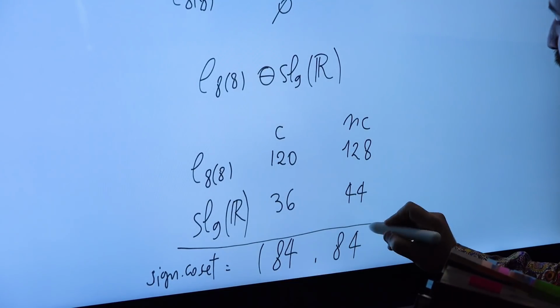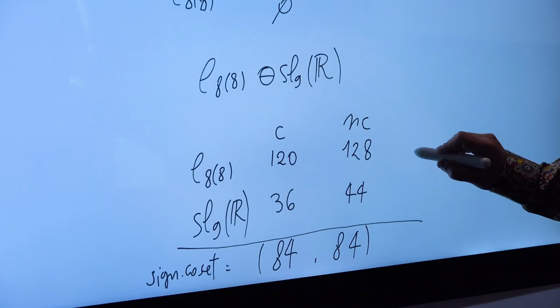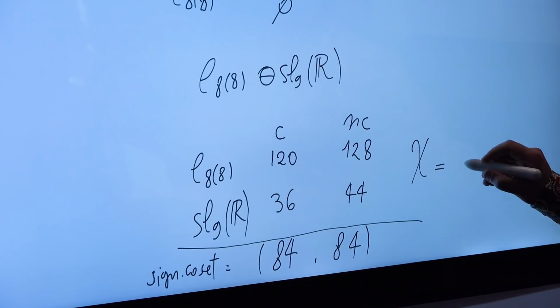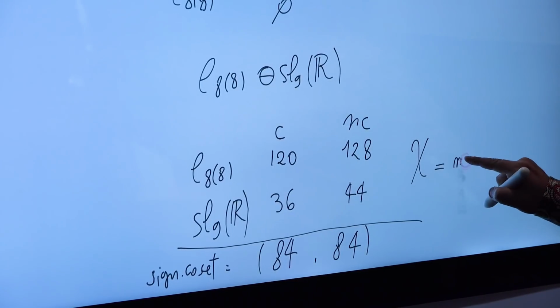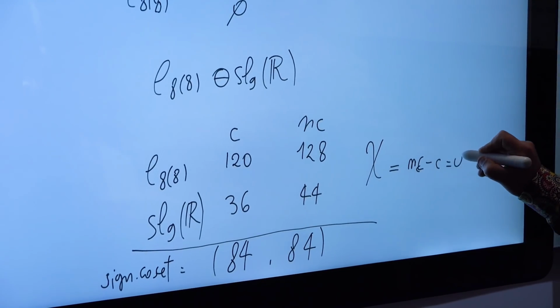So you see that there is, as I anticipated, an equal number of compact and non-compact generators, and so the character of this coset, which is the number of non-compact minus compact, is 0.